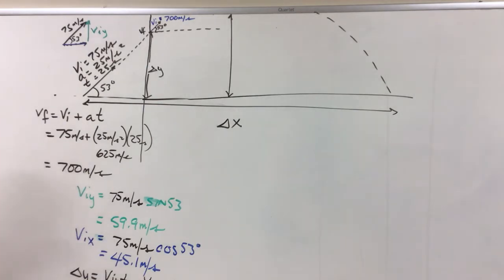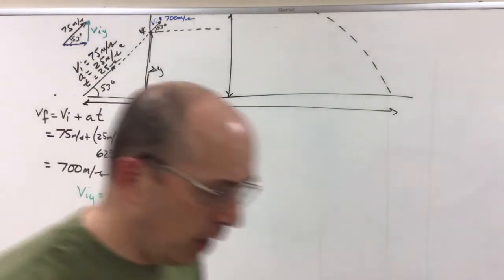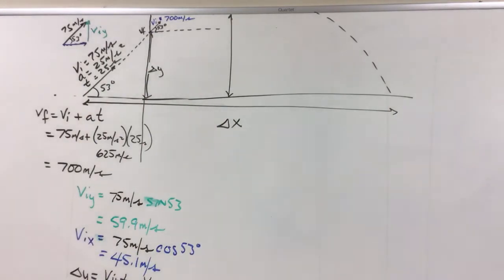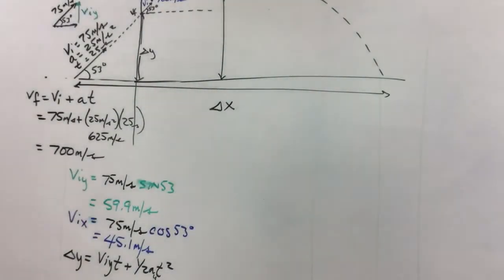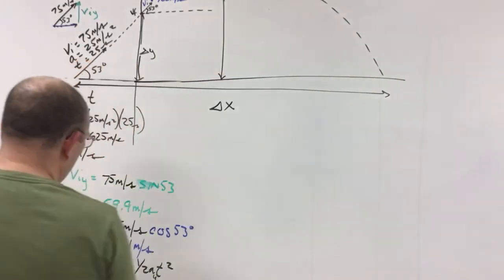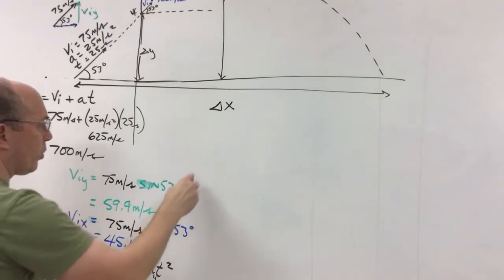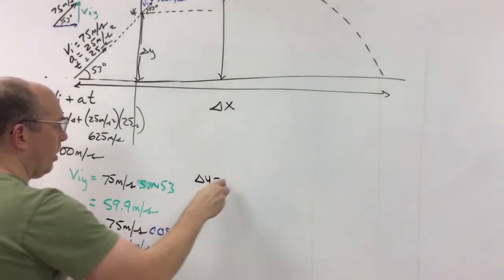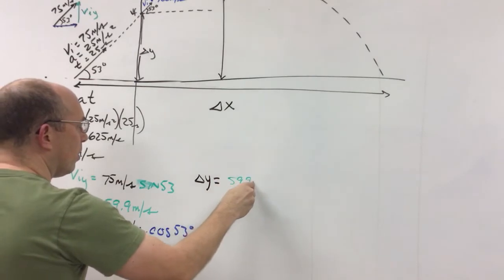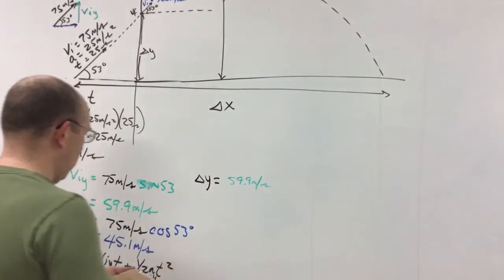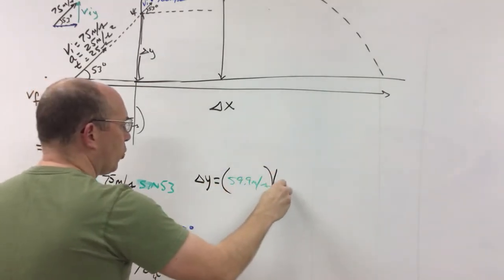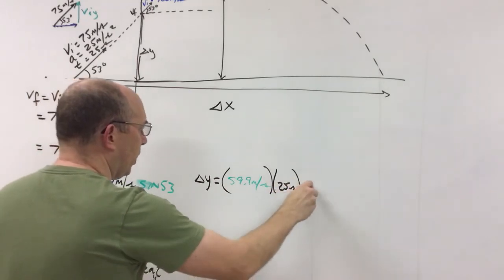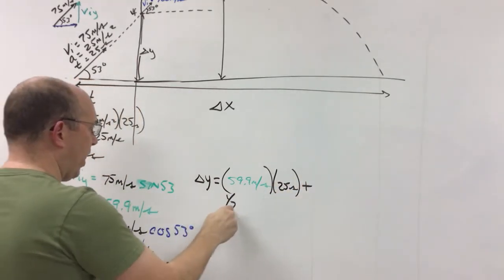Gravity isn't affecting us, so we are looking purely at accelerated motion due to the rocket's engine. So if I solve for the delta y then, that's going to be the 59.9 meters per second times our time of motion, 25 seconds, plus 1/2.